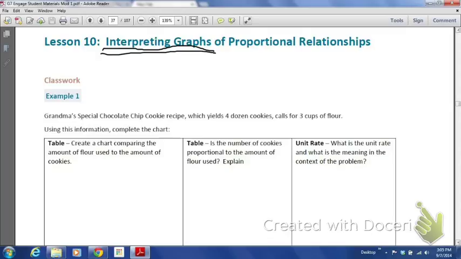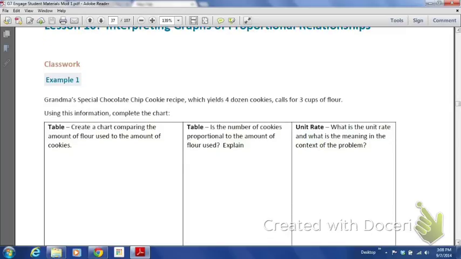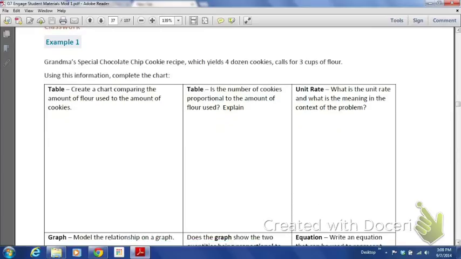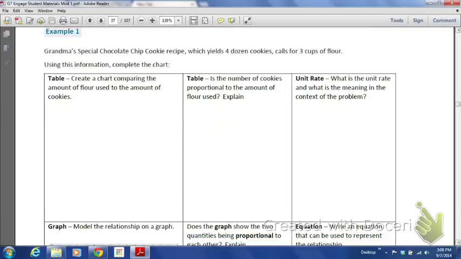You're going to use this data, this idea of 4 dozen cookies, 3 cups of flour. Her special chocolate chip cookie recipe yields, which means it makes, 4 dozen cookies. That calls for 3 cups of flour.